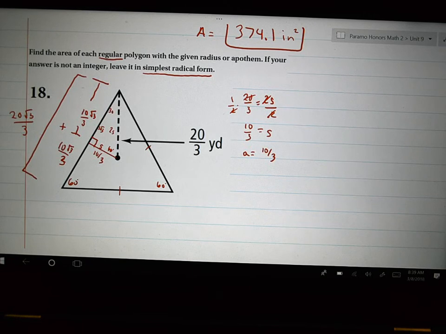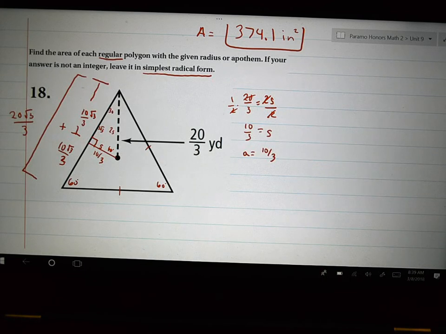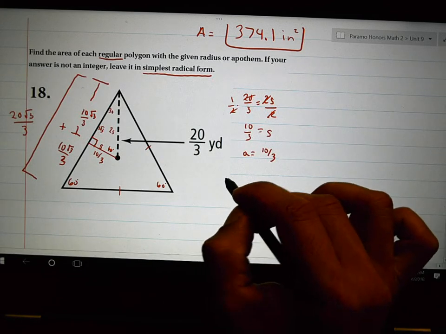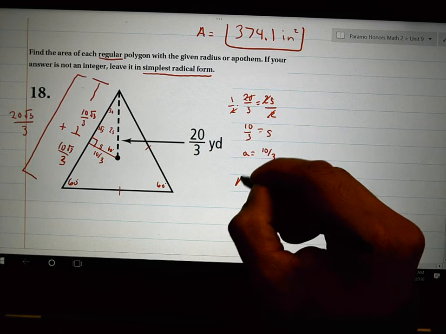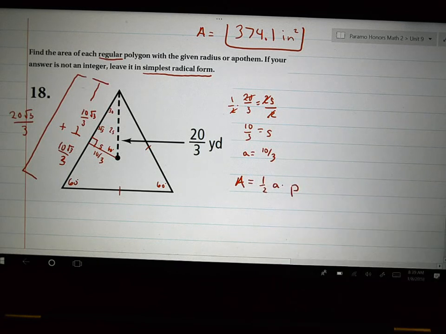Now I have everything I need to find the area, but I need to leave this in simplest radical form. So let me write this out for you so you can see what I'm going to do. Area equals 1/2 the apothem times the perimeter. 1/2, my apothem is 10 over 3.